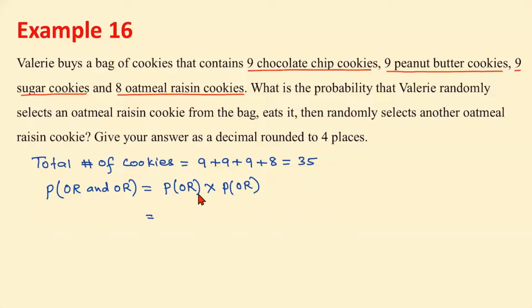So the probability of getting the first one will be 8 out of 35, times, once you eat one of them, the total number remaining will be 34, and the number of oatmeal raisin cookies remaining will be 7 only. So the probability of the second one being an oatmeal raisin cookie will be 7 out of 34. Now we can multiply this using a calculator, and your result will be 0.0471.